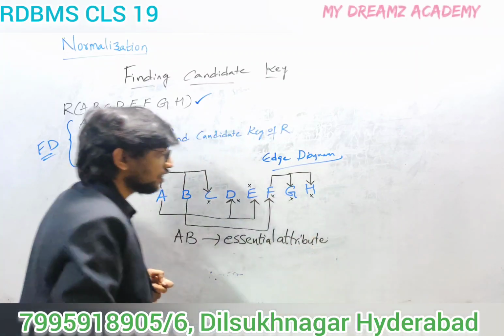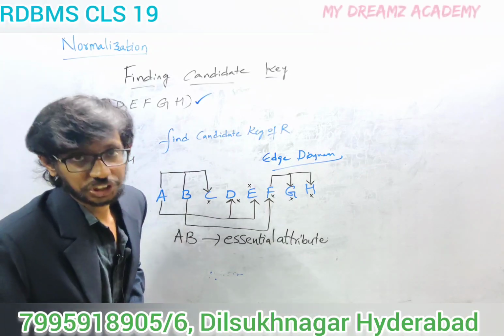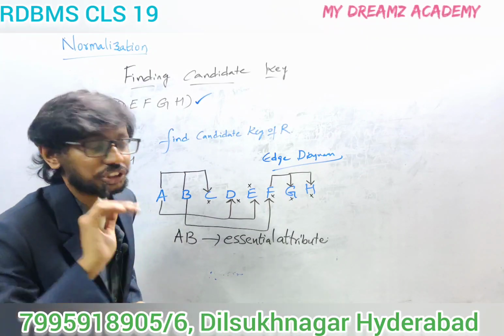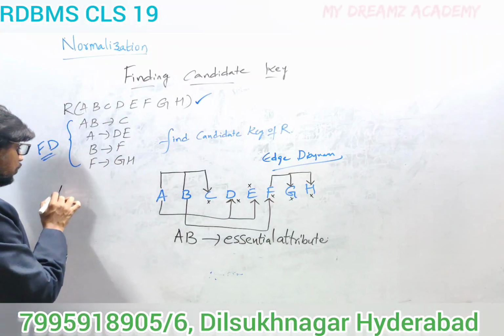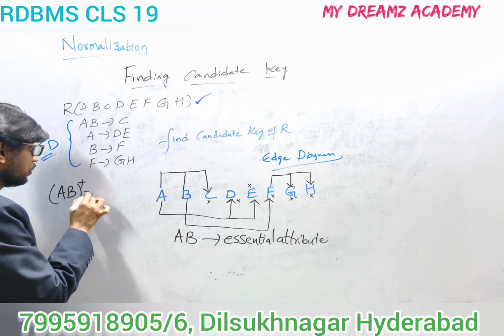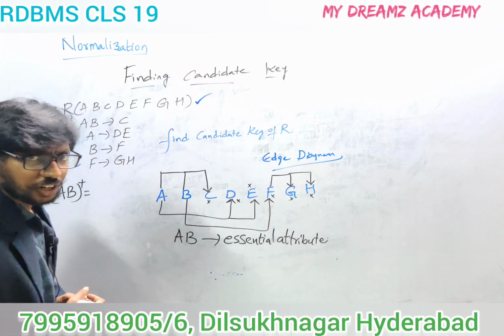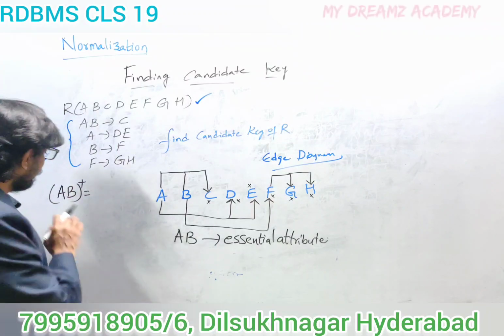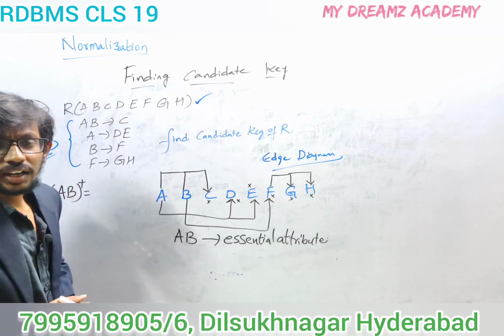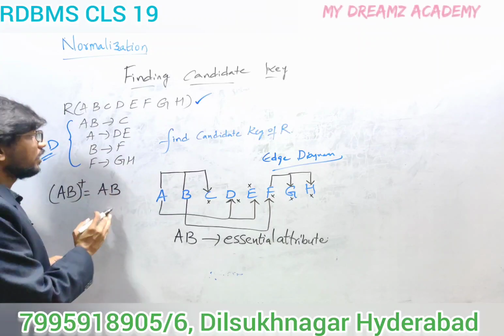Now, for these essential attributes, you need to calculate the closure. I am calculating the closure of the essential attributes AB, right? You already know the procedure, right? Closure set of attributes: if I know AB, obviously I can determine AB. Now, look at the functional dependencies.